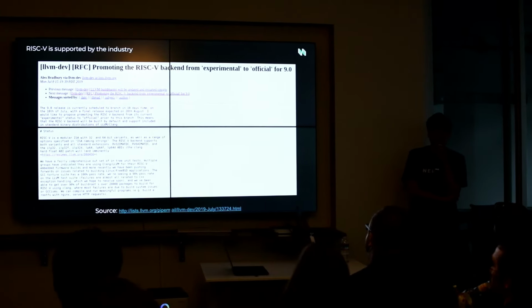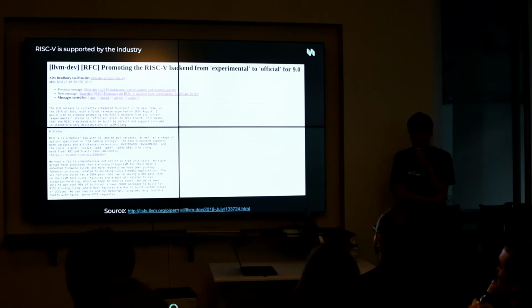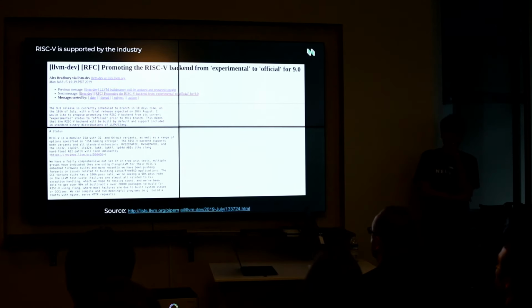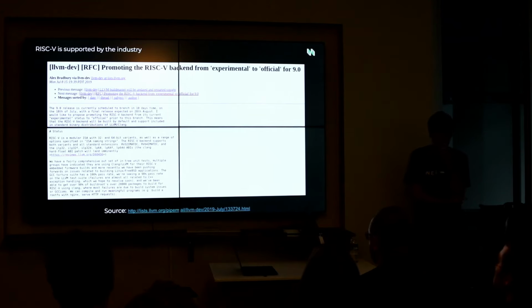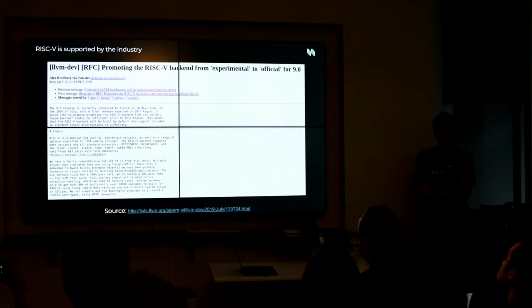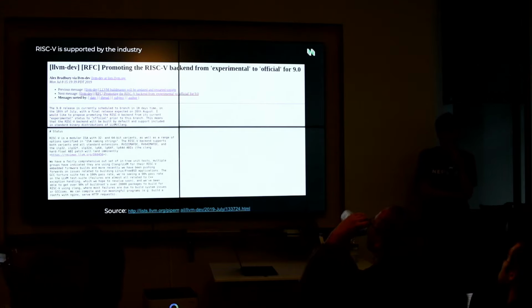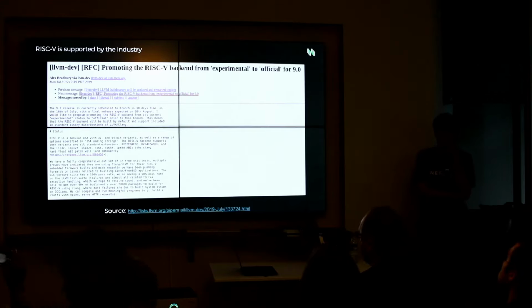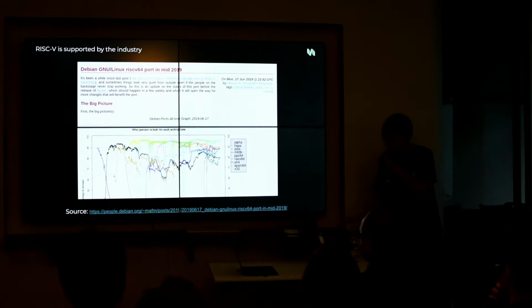Recently, LLVM also announced that starting from LLVM 9, RISC-V is going to be an officially supported instruction set. It means any LLVM standard distribution built in the future will be able to generate RISC-V code.